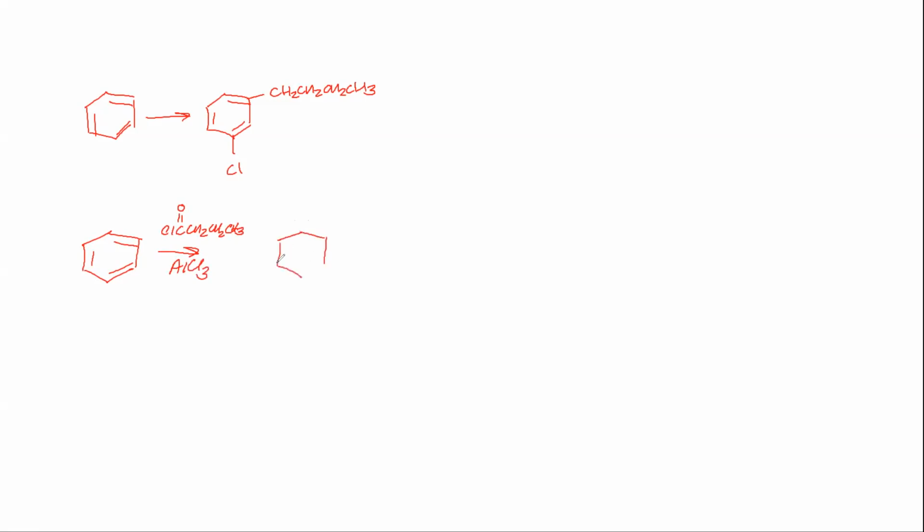Okay, so that'll be Friedel-Crafts acylation, which will put the carbonyl group on the ring. And then I added the Cl2 FeCl3, and then I put the Cl on the meta position.